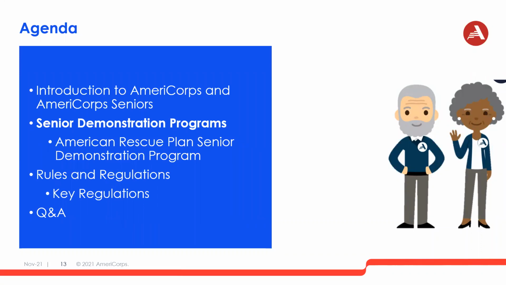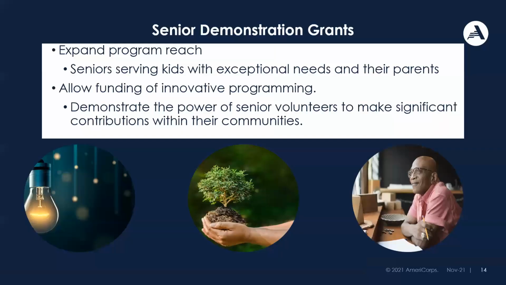So now I'm going to talk a little bit about the Senior Demonstration Program. Senior Demonstration Programming allows us to expand our program reach in a way that's different from our standard 3 types of programs.